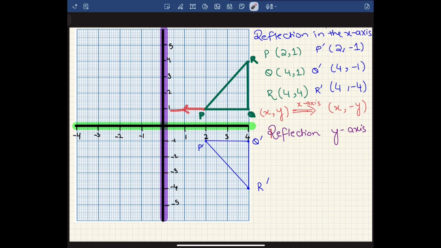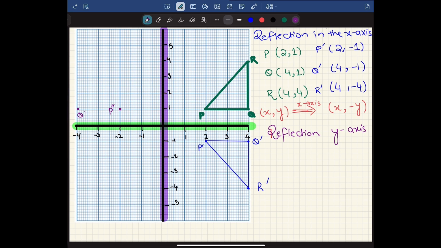So 1, 2, 1, 2. Let's call this reflection P double prime. Okay, so it's going to be, oops. P double prime. Okay, let's look at Q. 1, 2, 3, 4. 1, 2, 3, 4.